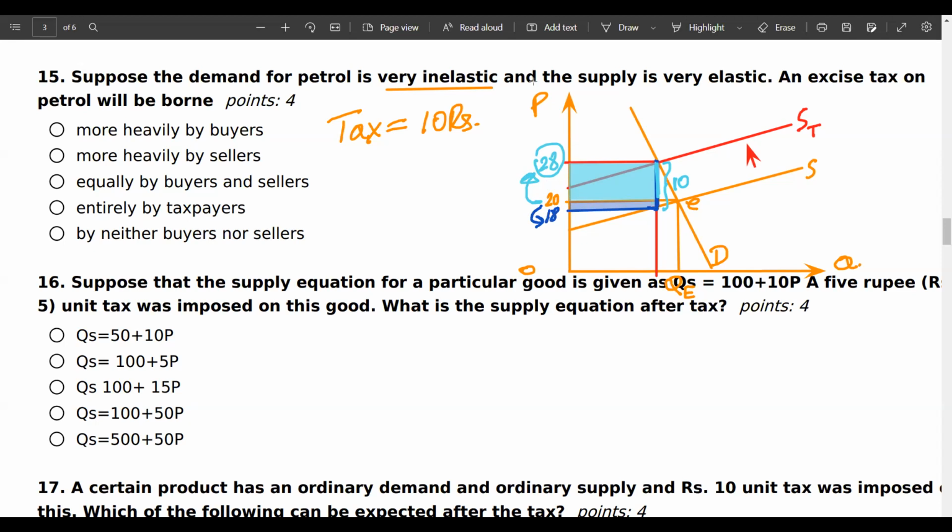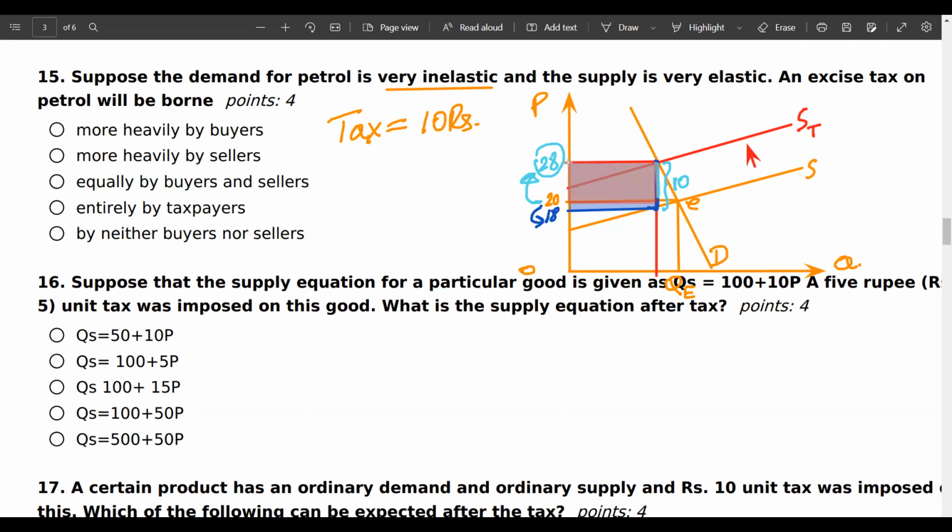So if you take the whole tax burden, that is this whole box, 10 rupees into the equilibrium quantity after tax, out of that, who takes the majority of the share? This part, consumers. Why? Because the majority of the tax amount has been added to the price of the product.